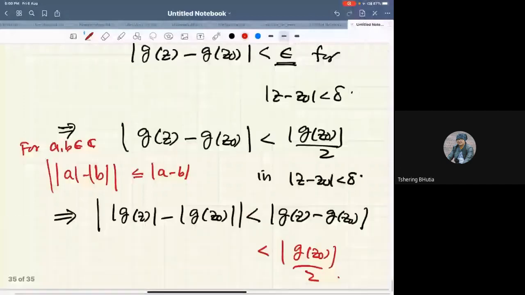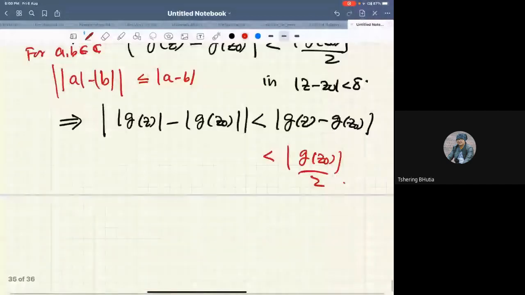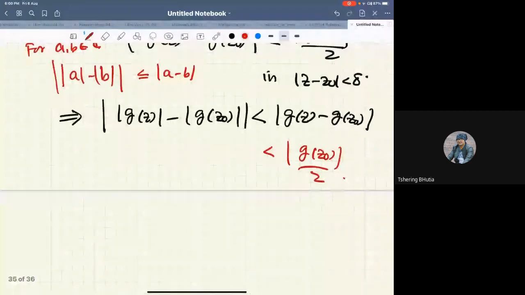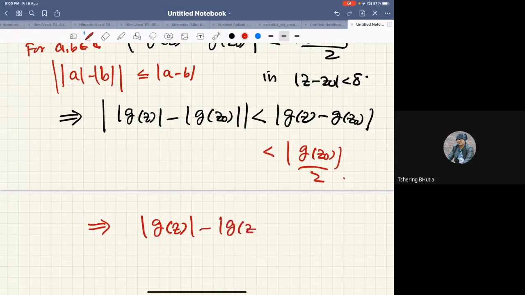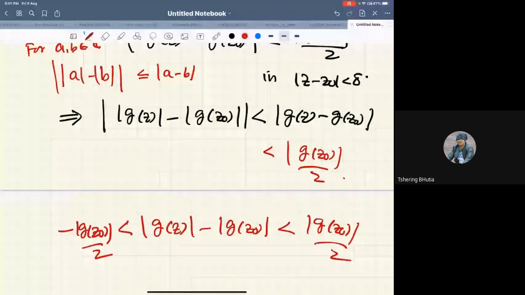So what does it mean? This means that modulus of g of z minus modulus of g of z0 is bounded by minus modulus of g of z0 by 2 and modulus of g of z0 by 2. Can I write this using the last step?